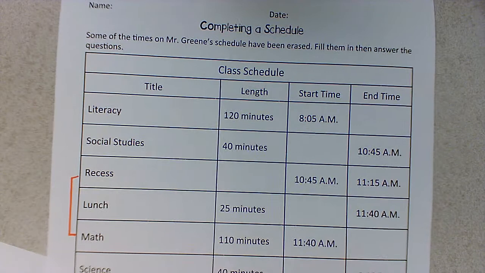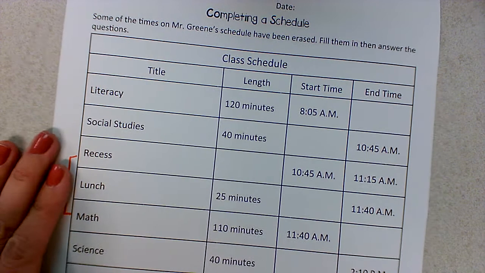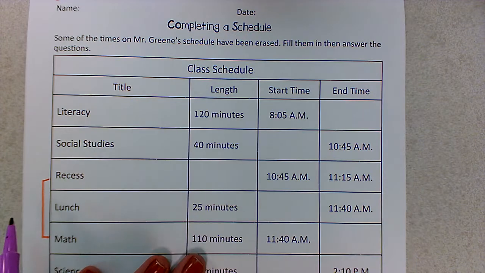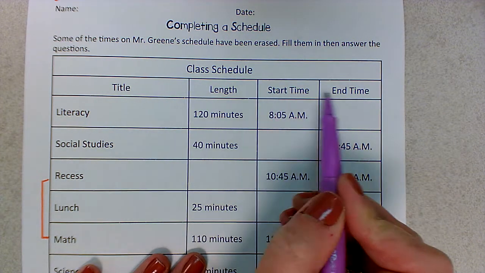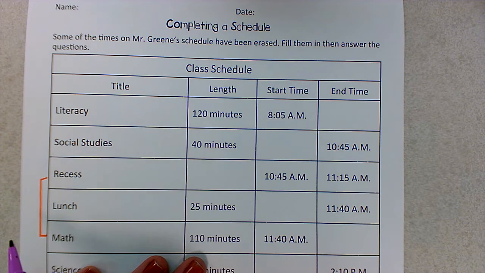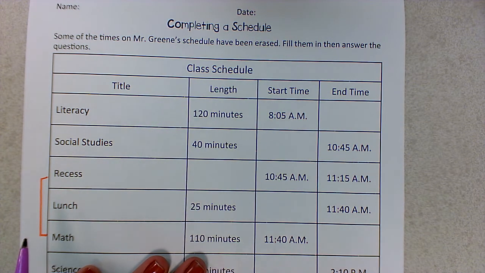But you are also going to see something that looks like this, and we're going to work on completing a schedule. And so I notice a couple of things. I notice the length. This is telling me how much time. Here's my start time, and here's my ending time. Some of our pieces are missing, and so I need to fill in how much time has passed.